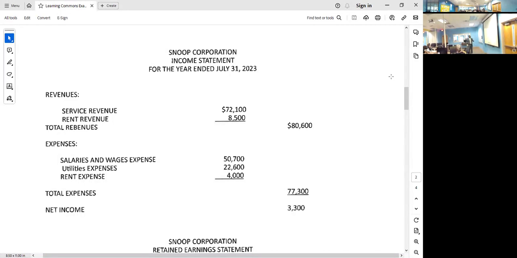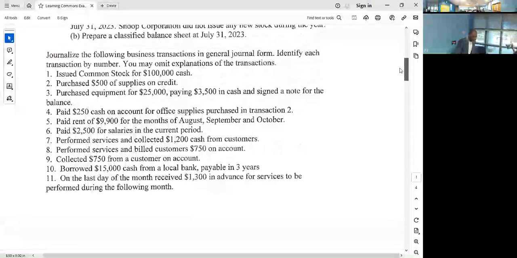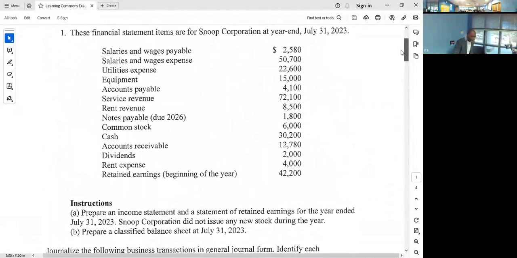Now, what I want you to do with the next statement is a statement of retained earnings, because remember, we have to do them in order. We do the income statement first, then the statement of retained earnings. I'm gonna take you back up to the data so you can see it. So everybody did get that income, right? Now from there, attempt a statement of retained earnings.